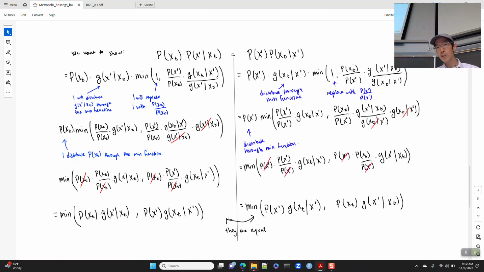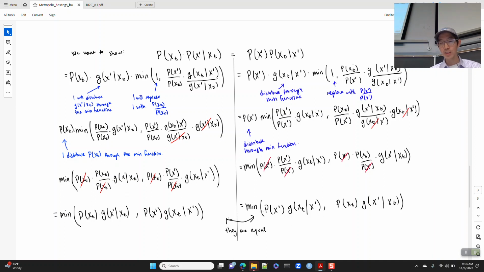And then using the same logic on the right-hand side, I won't talk through all of this, but you can follow all of the math. Basically, it works out to be exactly the same thing. Now I have probability of x prime over here, and we distribute it through these things. All of these things cancel each other out, and we end up getting the exact same thing here.